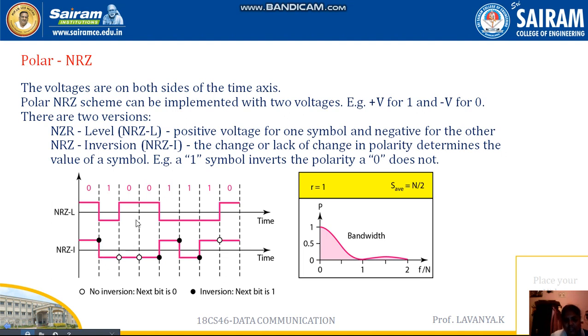Again, for 0, until the next bit 1 occurs, the previous bit value will remain the same. If 1 is negative and then 0 comes, you might ask why it does not rise high, why I am applying the previous value. This is what the NRZ inversion technique is.